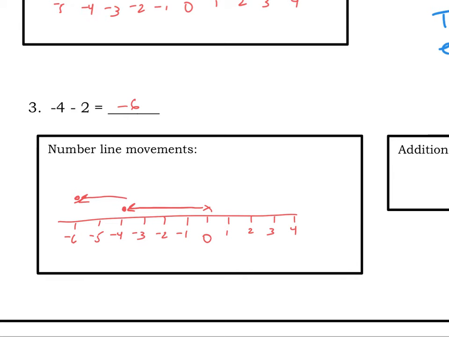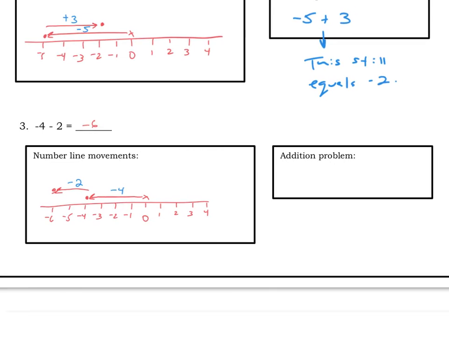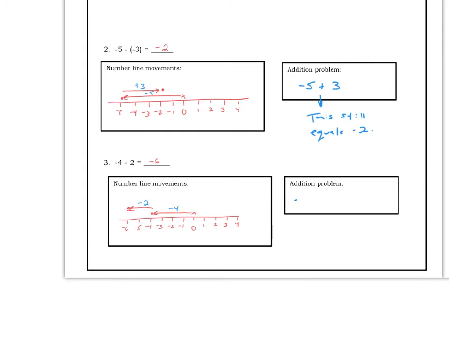Now I need to write my addition problem. First I went in a negative 4 direction, then I went in a negative 2 direction. So my addition problem would be negative 4 plus negative 2. And of course, this still equals negative 6. That does not change.